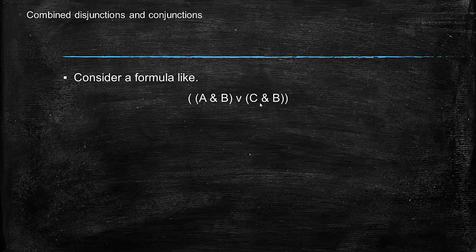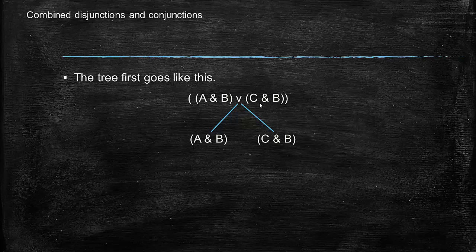So consider a bigger formula like this. The way this is going to branch is, first of all, you see that the or here is the main operator, and we always operate on the main operator of the formula above. So the main operator is or, so this is a formula that's going to branch. It's going to branch to A and B on the one hand and C and B on the other hand.